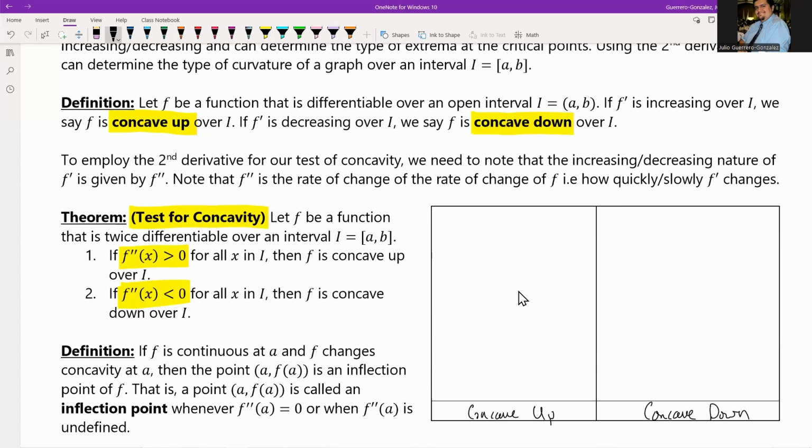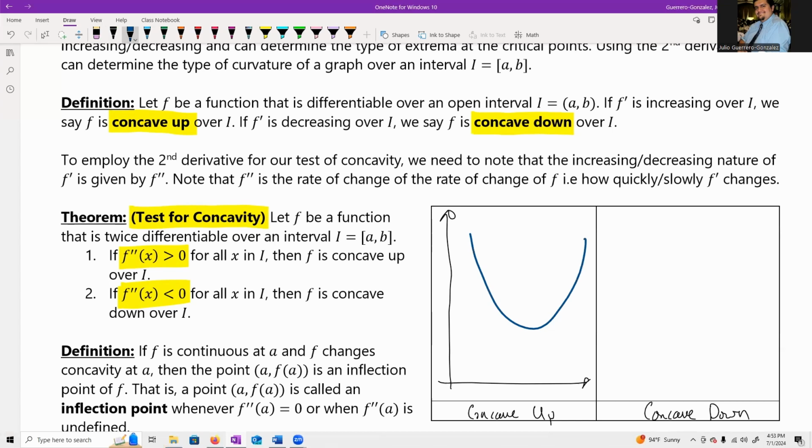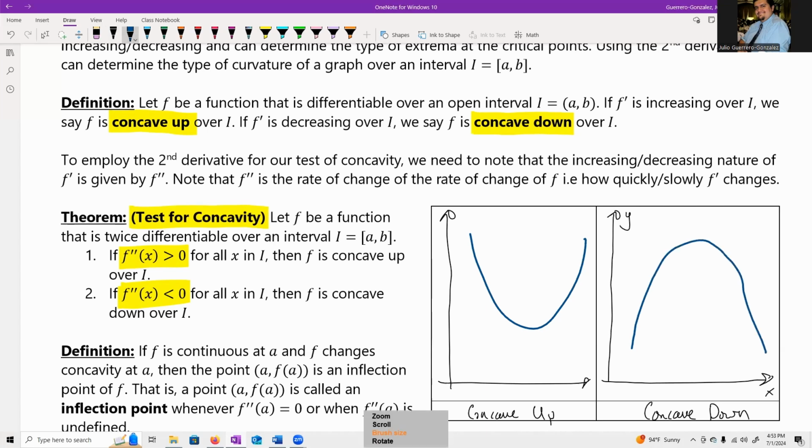Again, I'm going to slap down an x and a y. Something that is concave up, let me actually draw that. That looks like it's concave up, right? It's a bowl up, essentially, if you remember that from pre-calc. And then x and y, concave down.